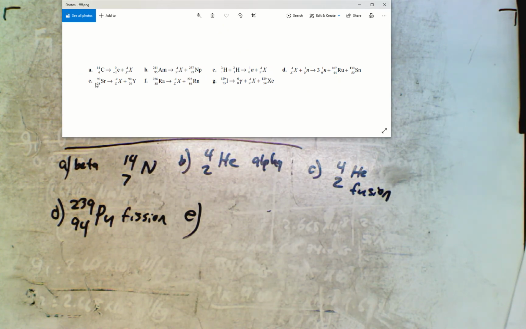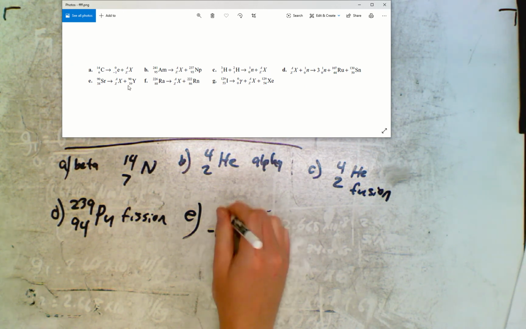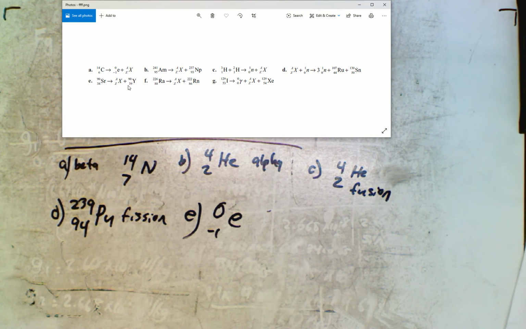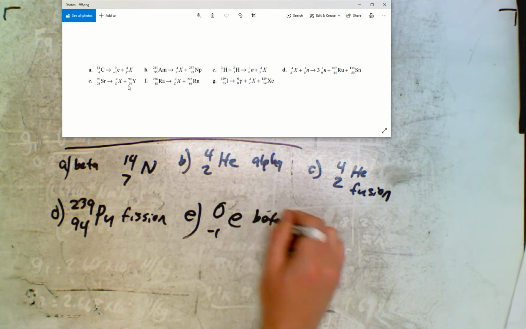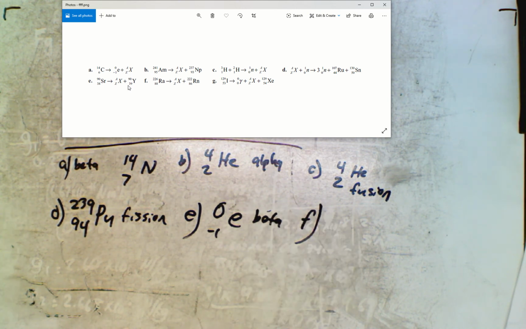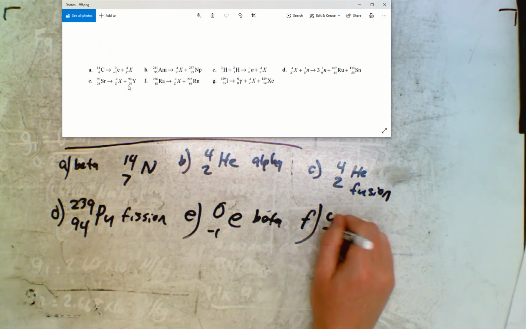For E, 90, 90, 39, 39. So the only way that we can go up is if we make a beta particle. So it's going to be beta. F looks like another alpha.